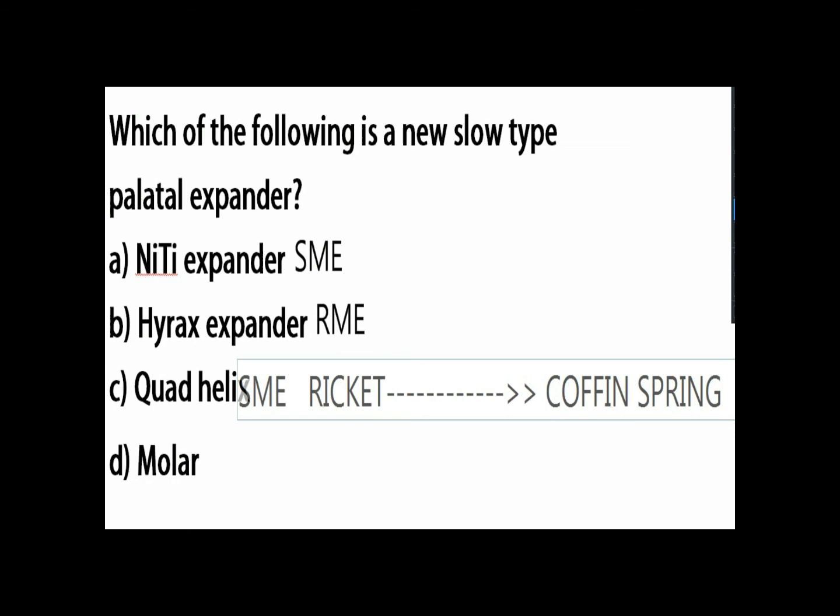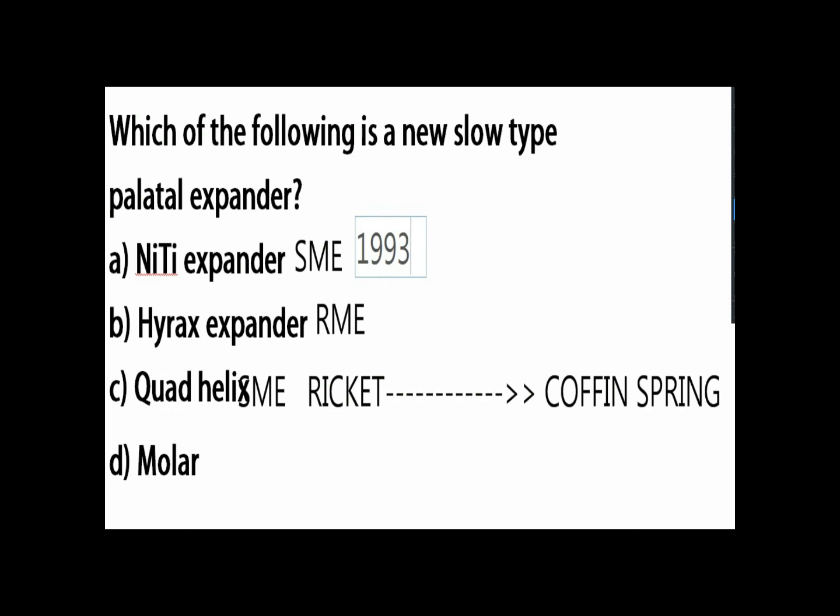Quad helix is said to have evolved from the original Coffin's W spring, whereas the Nitinol expanders were developed in 1993 by RDT. This appliance is a new type and is capable of uniform, slow, continuous force.